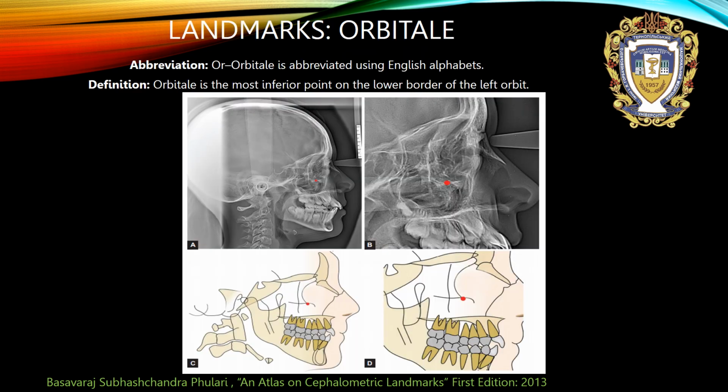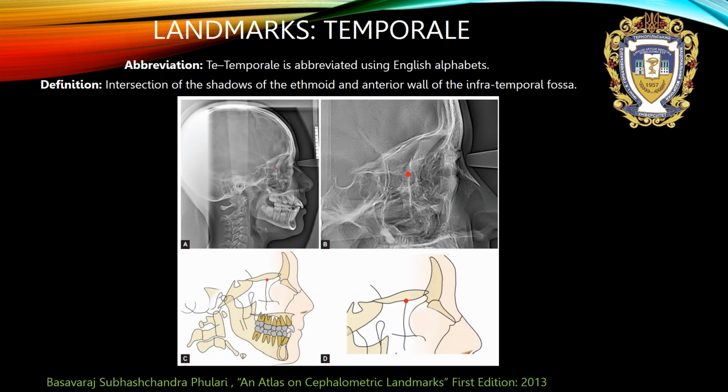Only 2 points. Orbitale point is the most inferior point of the lower border of the left orbit. And temporale point, the intersection of the shadows of the ethmoid and anterior wall of the infratemporal fossa.